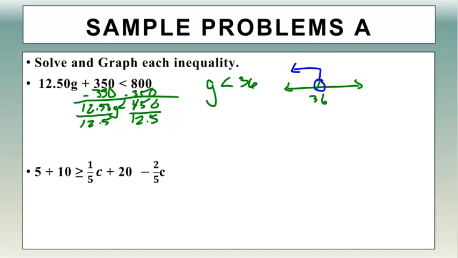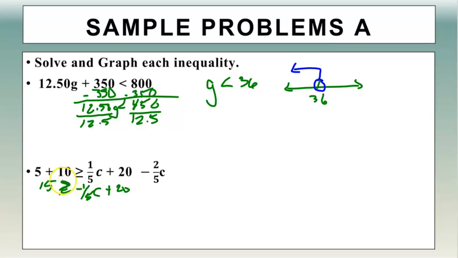Next, we want to combine like terms on each side. So this will be 15 is greater than or equal to 1/5 c minus 2/5 c is a negative 1/5 c. And then I have plus 20. I don't want this plus 20 here, so let me fix this sign here.